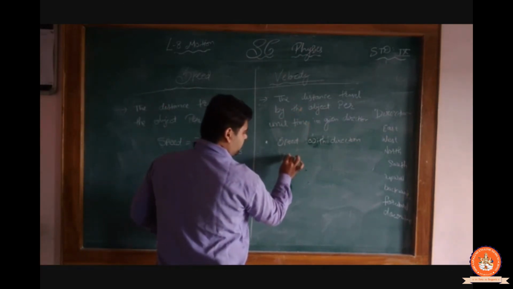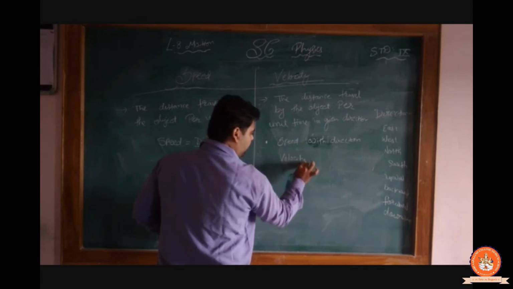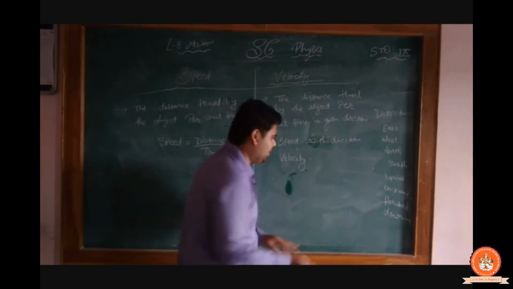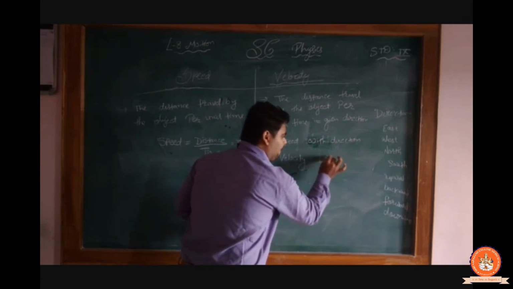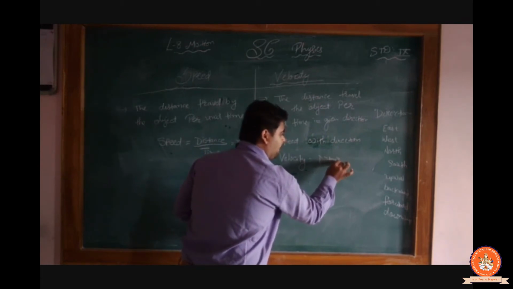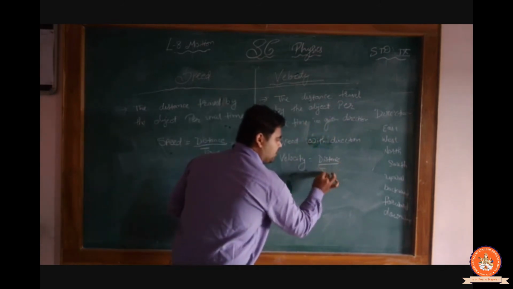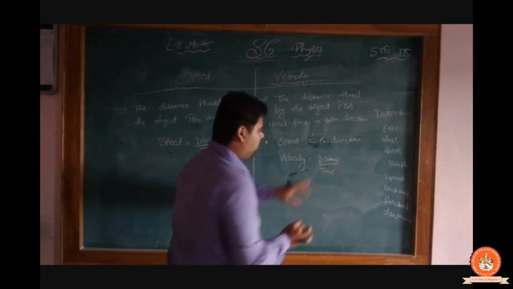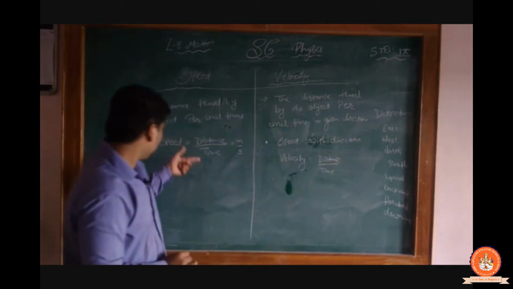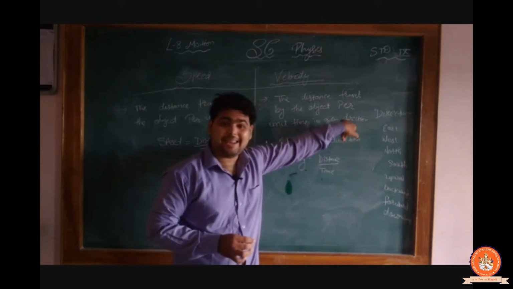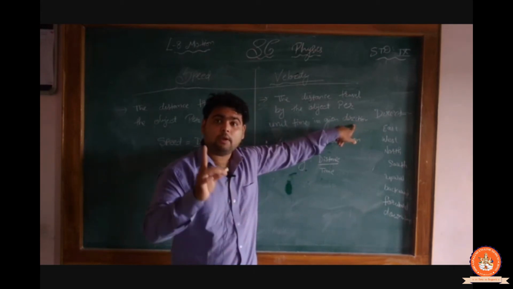At the same time, velocity equals, here is the distance. Okay, no problem, we can write the distance, and per unit time is the time. But sir, this is the same as speed. But bacha party, here it is given that in a given direction, we have to use the direction.